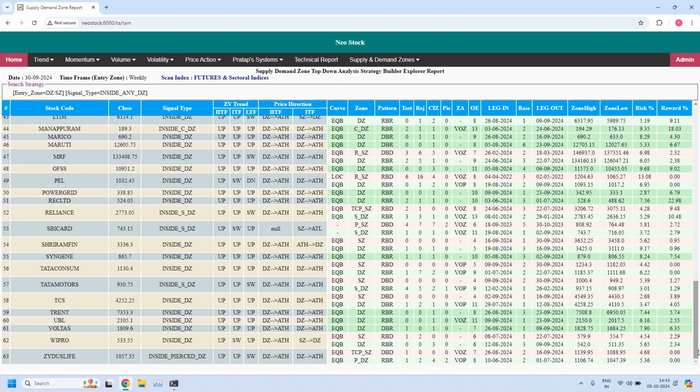So total 63 stocks are filtered. Some of your favorite stocks might be here. So currently prices are closed in all these 63 weekly demand zones.